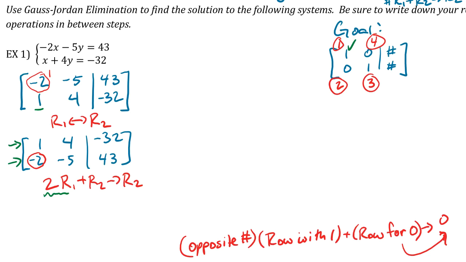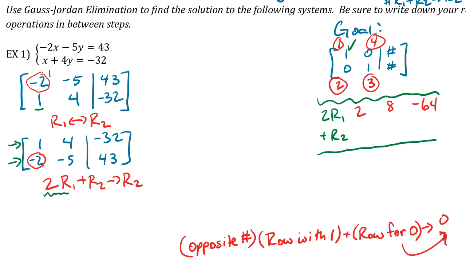Alright, so let's go ahead and do that operation. So I'm just going to do it over here with a little bit of scratch work. So we got 2 row 1 plus row 2. 2 times row 1 would be 2, 8, negative 64. Row 2 is just negative 2, negative 5, 43.